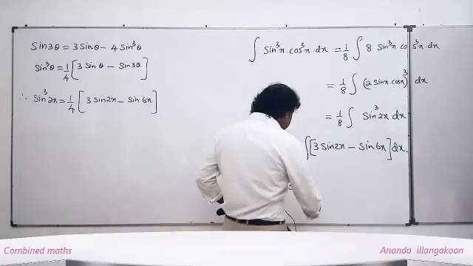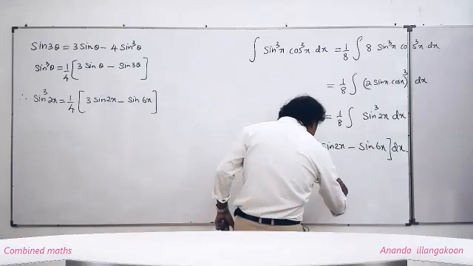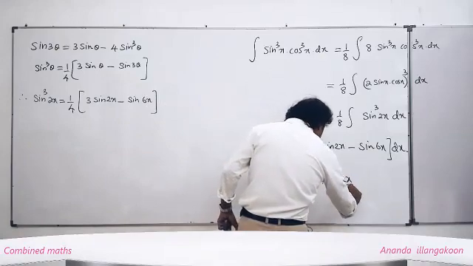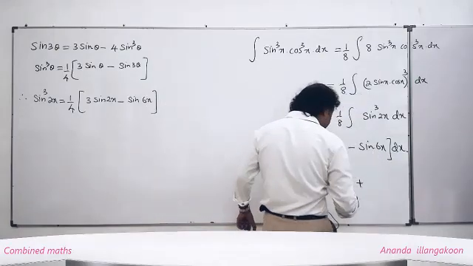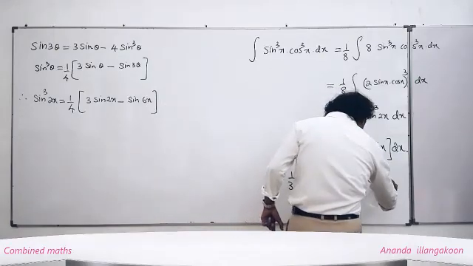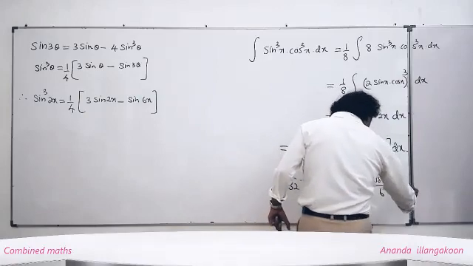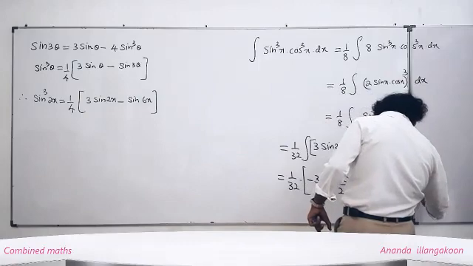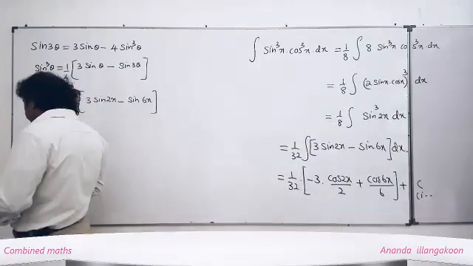Then here also minus with this minus sign becomes plus cos 6x by 6, plus c. C is any constant, right?